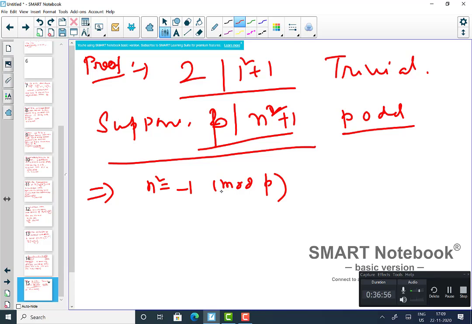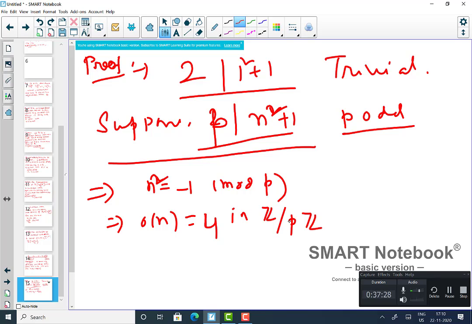That means when you go modulo p, in Z mod pZ, the order of n equals 4, because n square equals minus 1, so n to the 4 equals plus 1, and that is the least positive integer such that the power equals 1, right? This order is 4 in Z mod pZ.